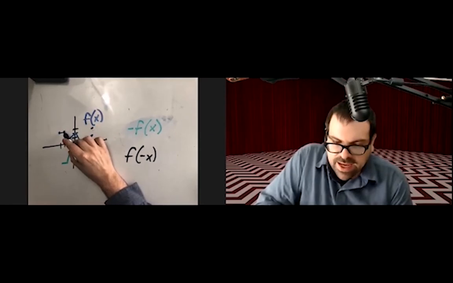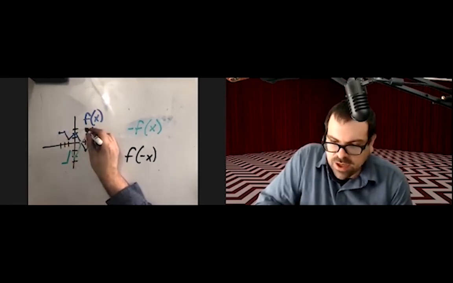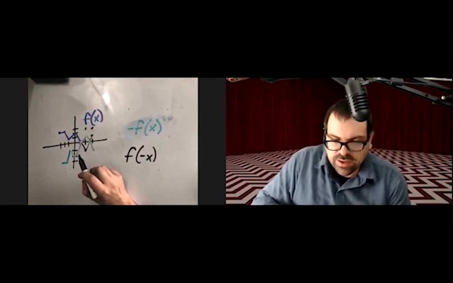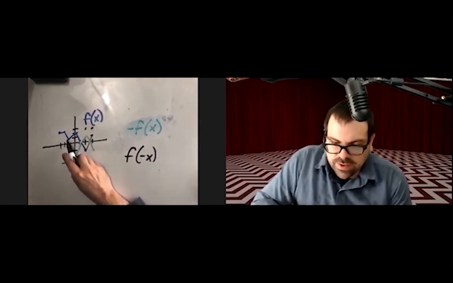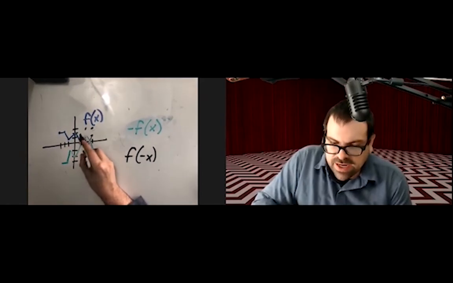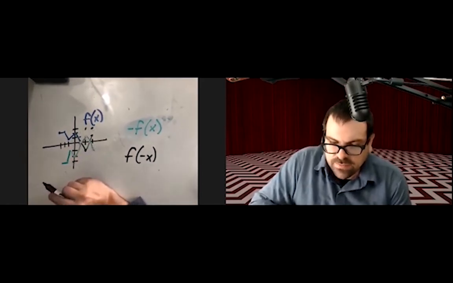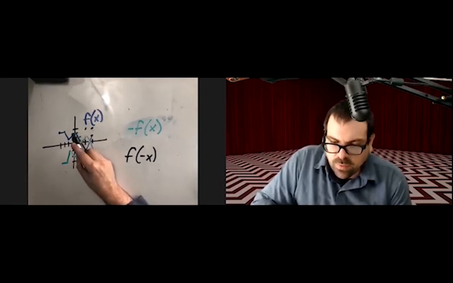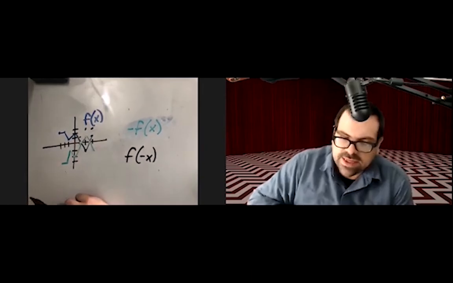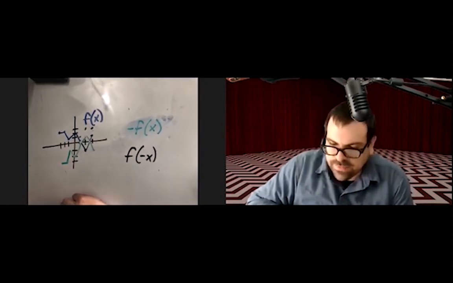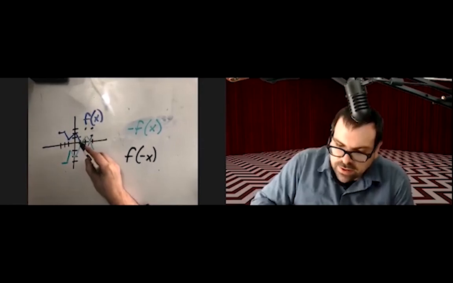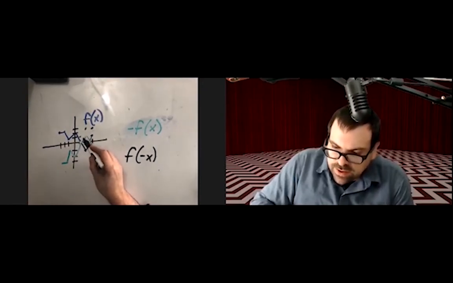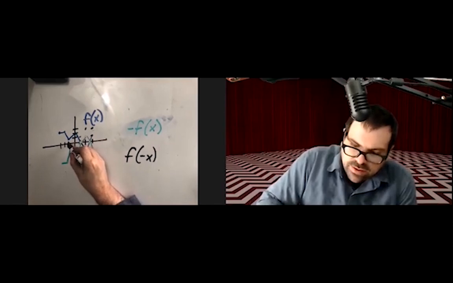Instead of this being at -2, it's going to be at +2. But the x is changing. Here, the y stays the same, but instead of -1, it's +1. Here, the y stays the same, but for x, instead of 0, it's 0. So that's our point of revolution. Here, instead of 1, it's at -1.